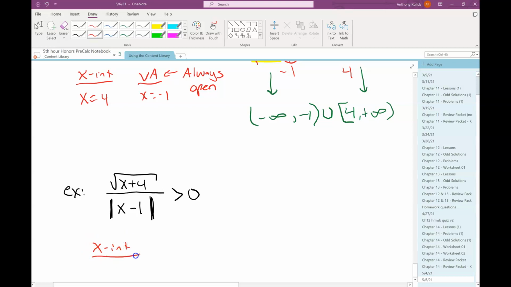So my x-intercept is just going to be -4. My VA is just going to be 1. Right? The radical part doesn't affect the x-intercept, and just the stuff underneath it has to equal 0. Same thing with the absolute value. It doesn't affect the vertical asymptote. You just need the stuff on the inside to equal 0.